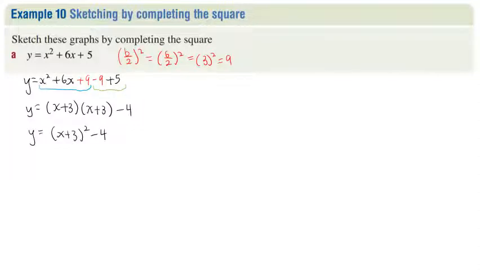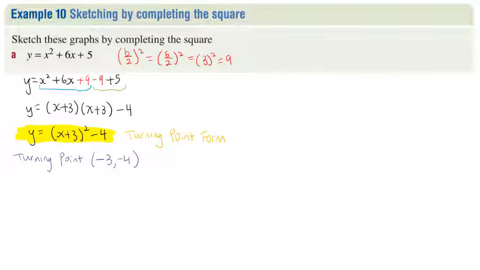Now you'll notice we've just put this into turning point form by completing the square. So this here, this is my turning point form. So from this, I can see that my turning point is (h, k). So this one is going to be (-3, -4).